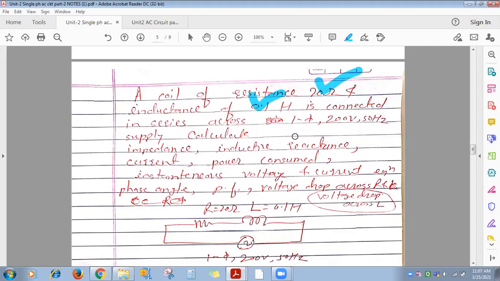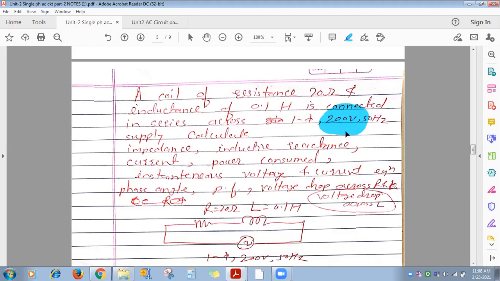Supply specifications means what? Voltage, whether it is single phase or three phase, and the frequency. Whenever supply specification is given like 200 volt 50 hertz single phase, this 200 volt is the RMS value. Do not consider it as a peak, otherwise your calculations will be wrong and you will lose marks.